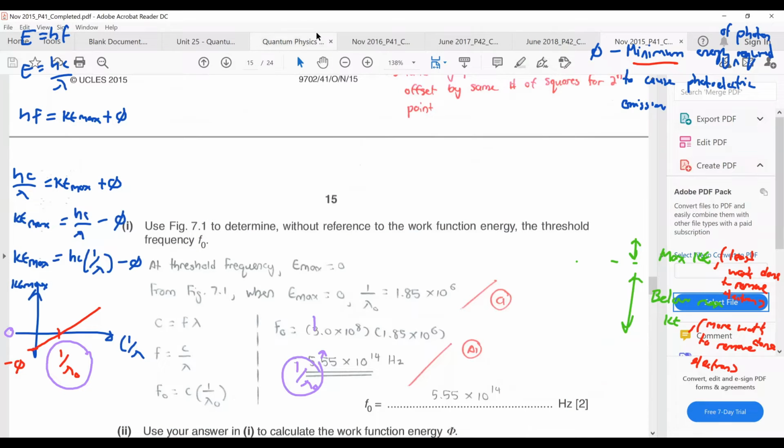If I look at this, F is C over lambda, which is the same as saying C over 1 over lambda. So I just change this to threshold value. F naught is equal to C times 1 over lambda naught, which I already have in the first place.